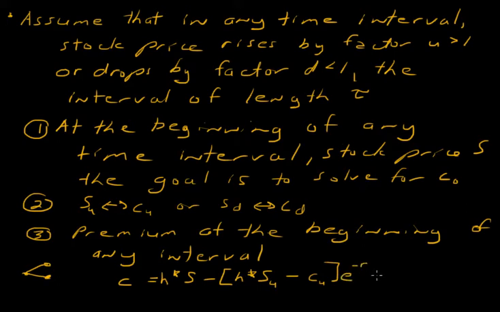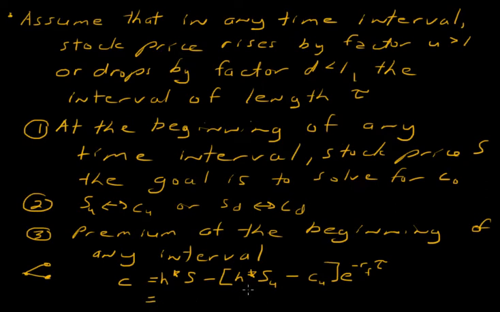So again, you take your risk-free rate, and you're going to, of course, base it on what the interval is. And I'm running out of room, so I'll clear the board here, or I could probably squeeze it in. Let me try to squeeze it in.